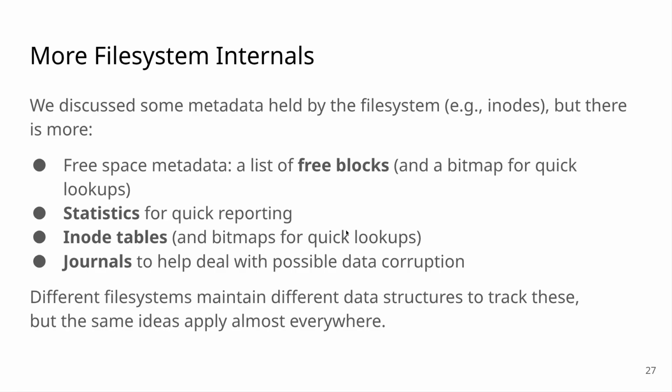But a thing that I want to focus your attention on now is something called a journal. The journal is a data structure that tracks what should be happening at any given point, before you actually perform the action.